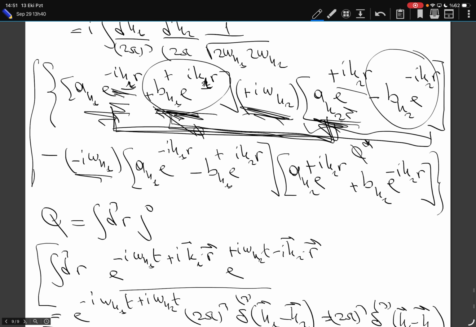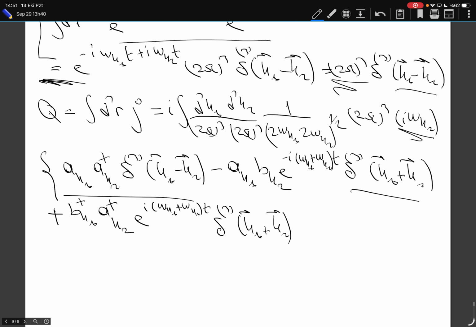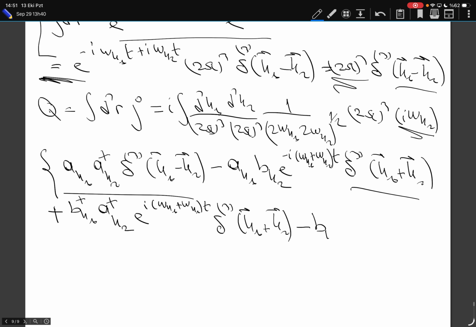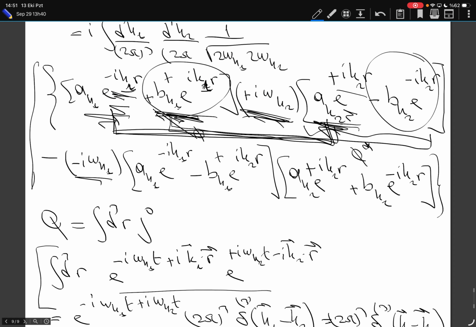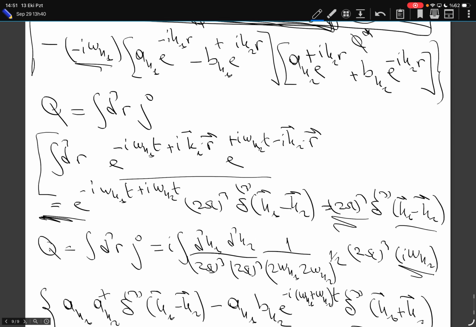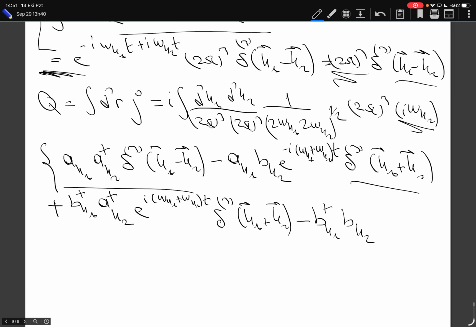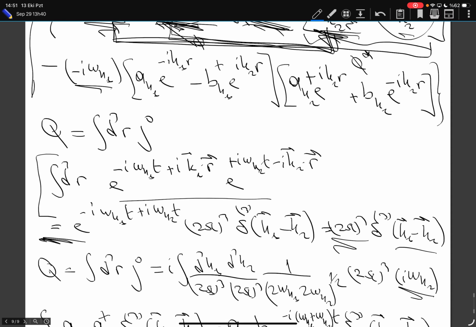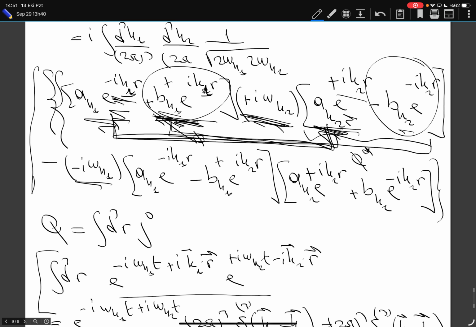I have minus b_k1 dagger b_k2. Well, the exponents, one is a plus, the other one is a minus, so there's no exponents, and I just have a Dirac delta, three-dimensional Dirac delta of k1 plus k2. This is the R integral of this first line.